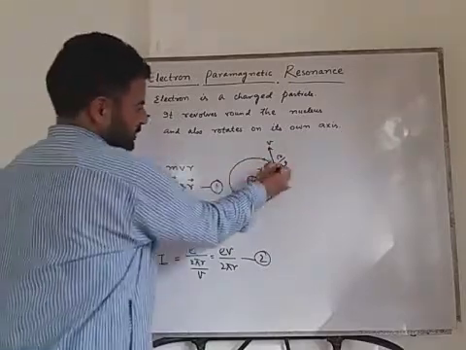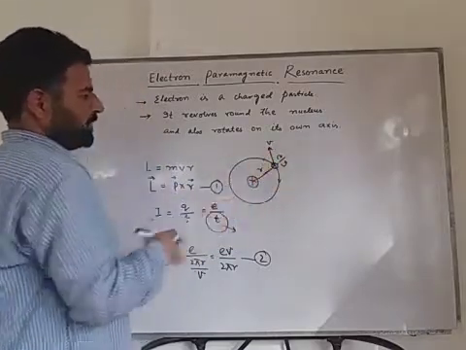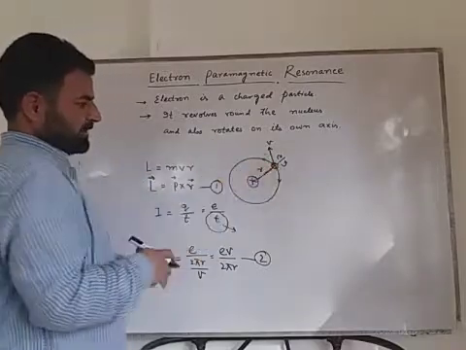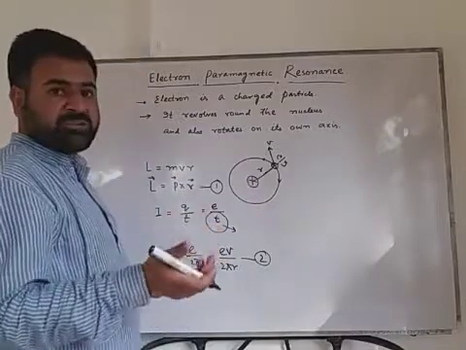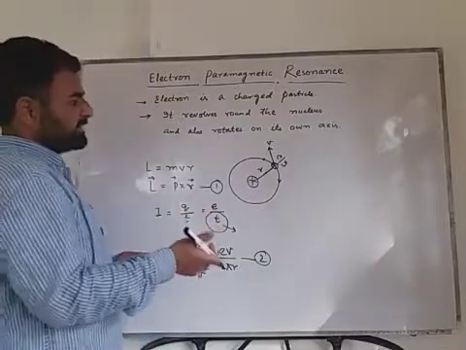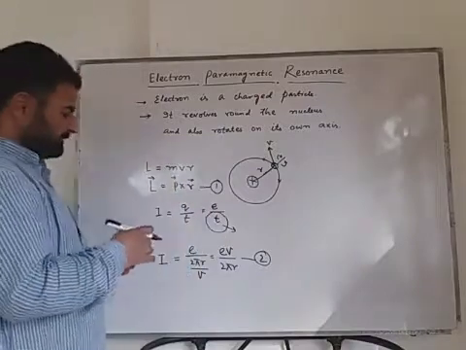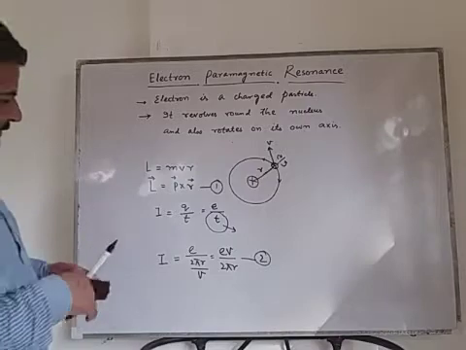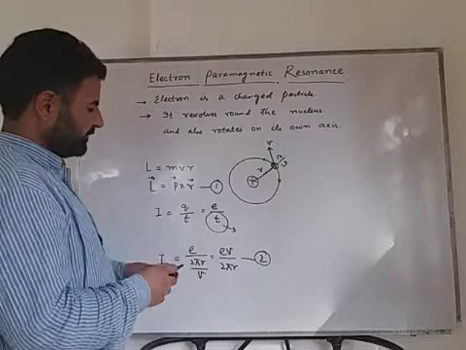It will be tangentially opposite to the direction of motion of the electron. If it is anti-clockwise, the direction of current will be clockwise. Similarly, if the direction of motion of the electron is clockwise, the direction of the current will be anti-clockwise. So this is the current which we obtained from here.